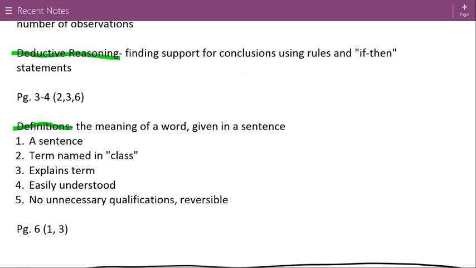Those would be unnecessary qualifications and may or may not actually have anything to do with what your term is. So there are some examples on page 6, some exercises. The first one that I would like to discuss is number 1. It says, if a person knows no Arabic words, is it possible for him to learn the meaning of an Arabic word from an Arabic dictionary?